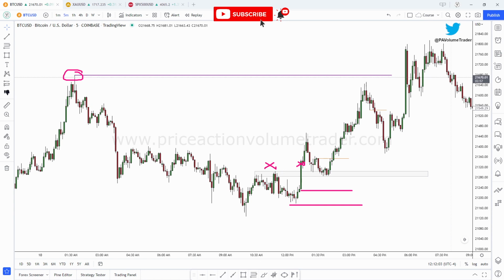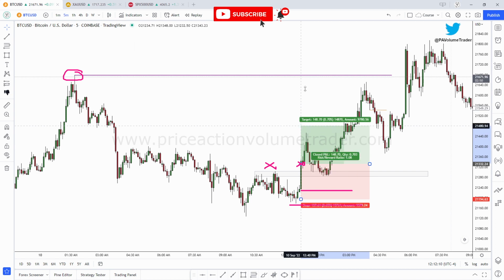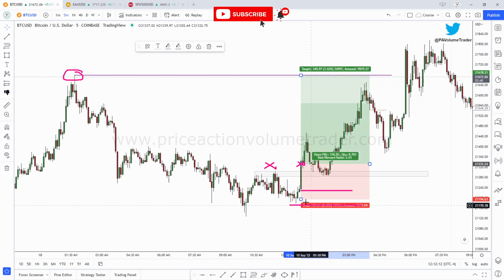Okay, so let's just grab the long tool here. So let's say you got here, let's say your target was here, let's say you take the more conservative stop and you put it right there.